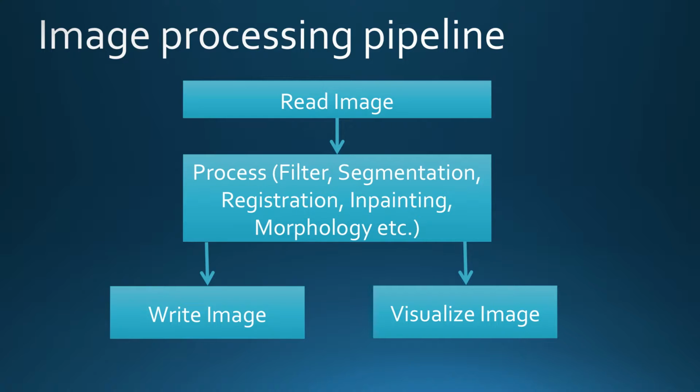And then there are other processes like registration. Inpainting is a very complicated operation. At least it's intuitively simple, but mathematically it's a complex operation. Most people know that in all these glamorous photo shoots, they do this airbrushing. That person might have a wrinkle and then it's gone.